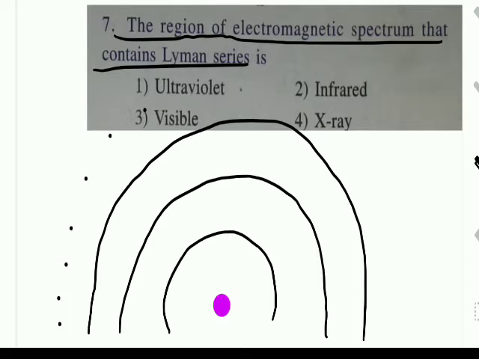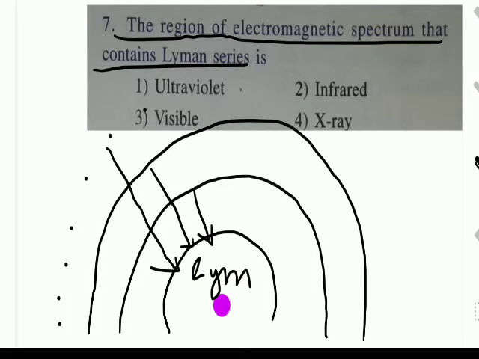In the Lyman series, when an electron jumps from a higher orbit to the first orbit, this is the Lyman series. When the electrons jump from a higher orbit to the second orbit, this is the Balmer series. When the electrons jump from a higher orbit to the third orbit, Paschen series, and so on.